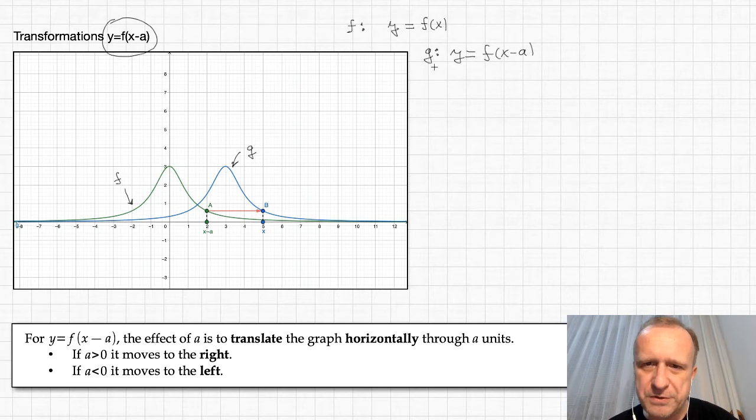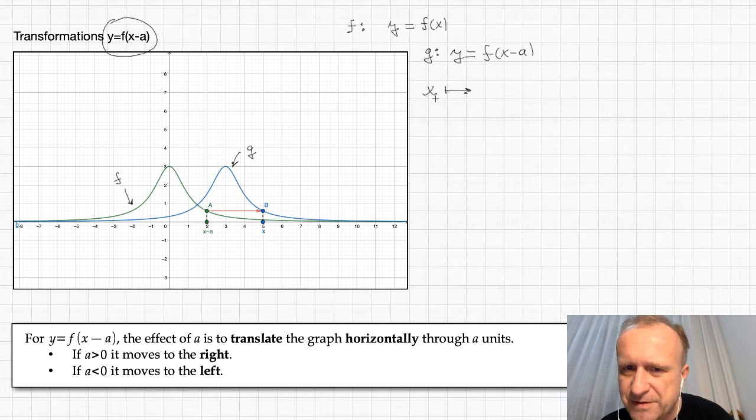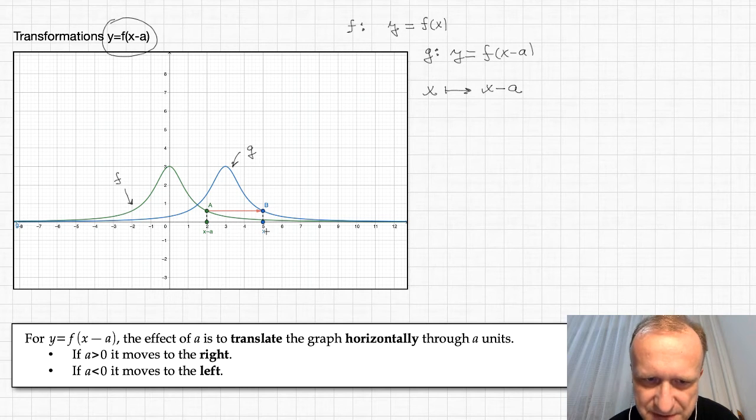Now, if we want to start with any arbitrary value of x, we first need to determine this point x minus a. So we start with x, then we construct x minus a. So this was x. Now here is x minus a. Since we subtract some value, in our case a is 3 for this graph, we subtracted 3 from 5, and we got 2.